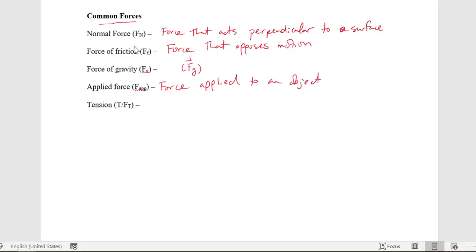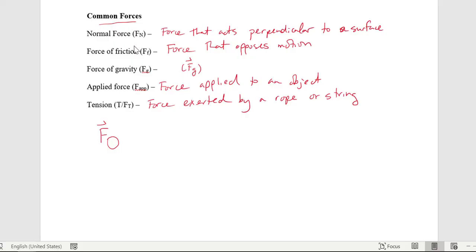And finally, there's a tension force, which is the force exerted by a rope or string. So you can see that the symbol for force is F, and then we use a little subscript here depending on which force we're looking at. Force of friction, normal force, force of gravity, applied force, force of tension.